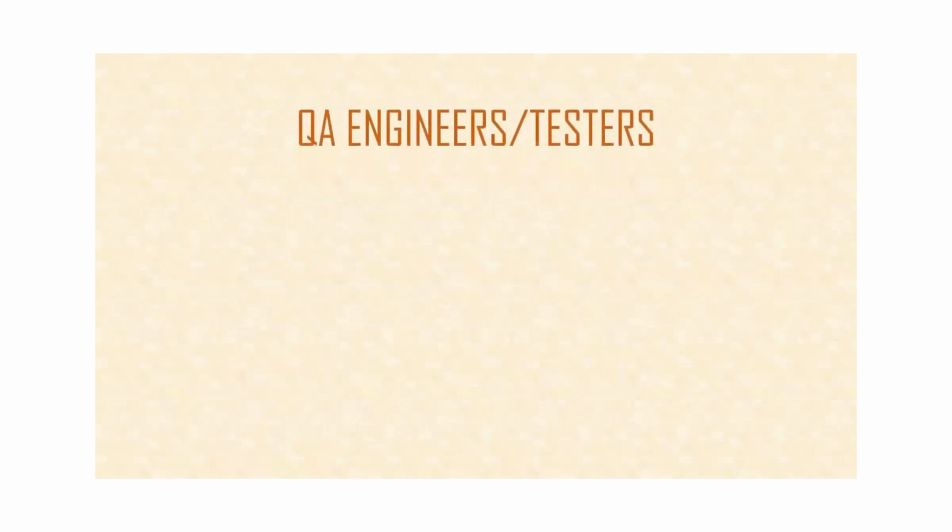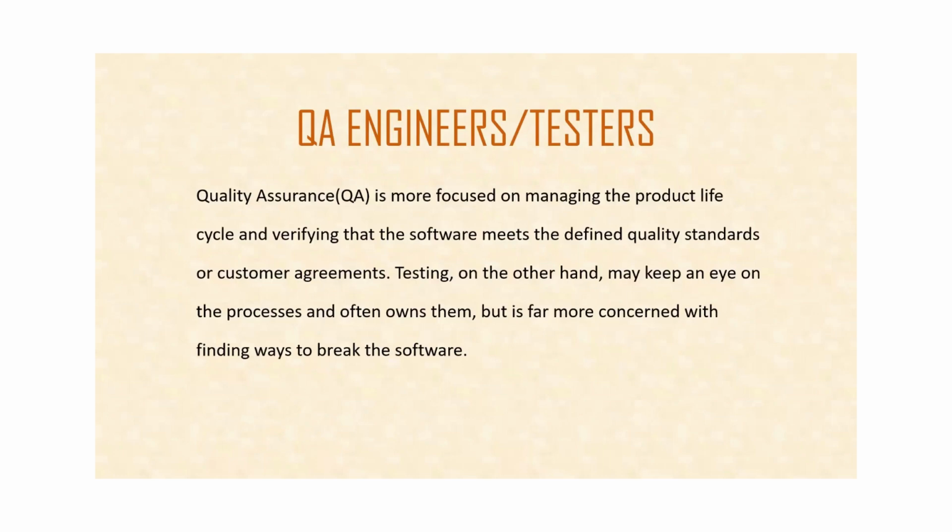Another important set of people in every software or program are the QA engineers or the testers. They are more focused on managing the product lifecycle and verifying that the software meets the defined quality standards or customer agreements.